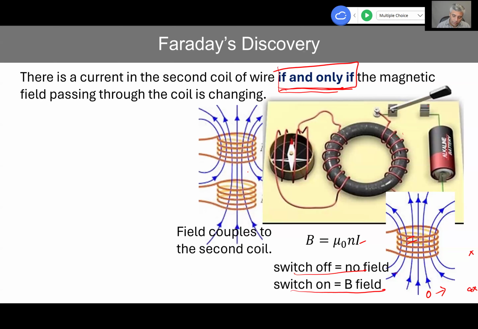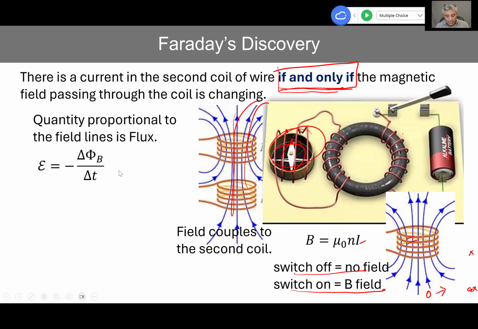And then over here, what happens is now this one has this magnetic flux or field, and that's what is detected. So this is Faraday's discovery. And how much EMF is induced by this kind of situation is given by this equation here.